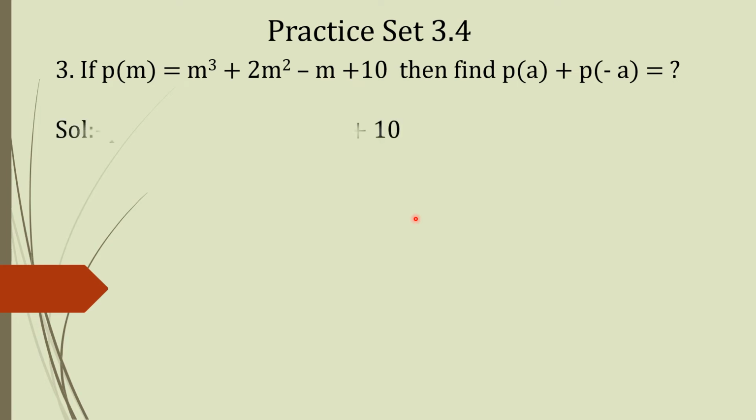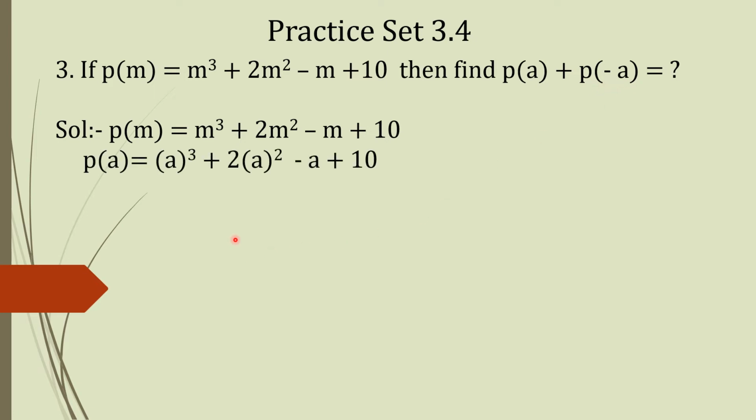So students, first let's find p of a, then we'll find p of minus a, then we'll combine both answers. So p of m equals m cube plus 2m square minus m plus 10. So p of a equals, wherever the variable is m, we'll replace it by a.